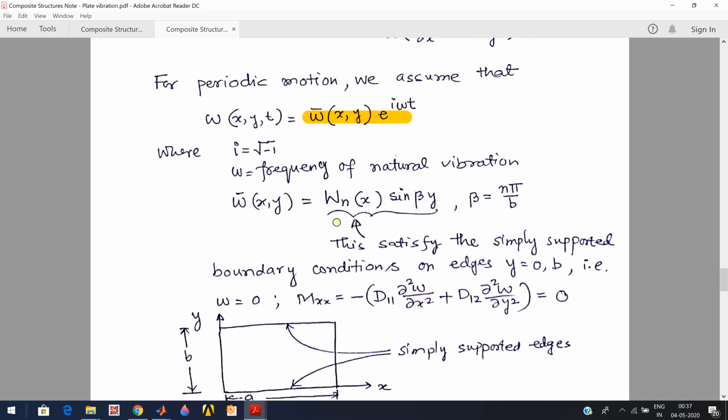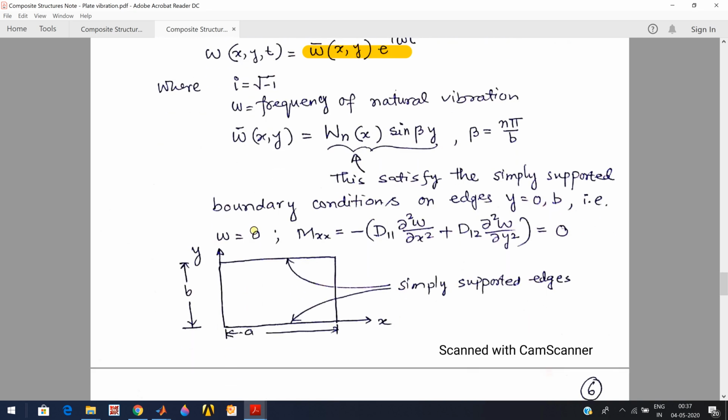And we know that this form will automatically satisfy the simply supported boundary condition at y equal to 0 and b. The simply supported boundary condition is nothing but the displacement being 0 at those edges, and the moment is 0. There is no constraint on the rotation, so there won't be any moment.